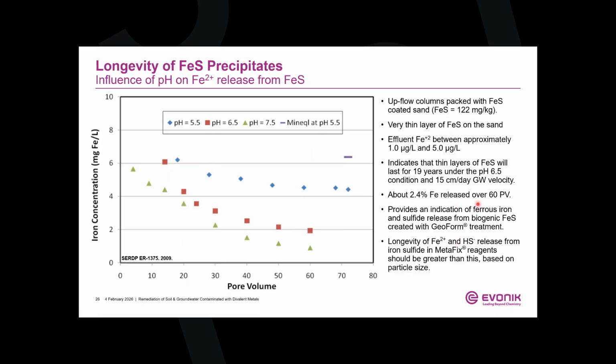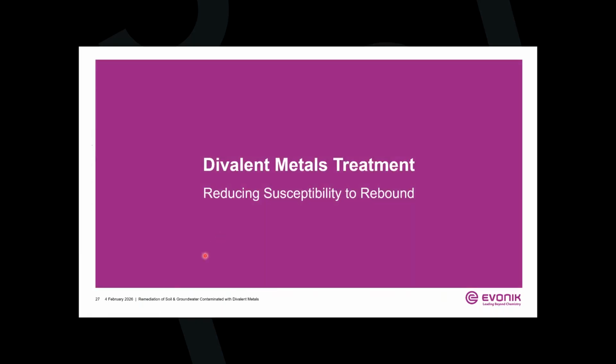So what this tells us is that these iron sulfides will last for decades in situ, where you typically have pH in the neutral range, so that locking up or occlusion can be a very long-lasting safety net, so to speak, on your removal of the divalent metals.